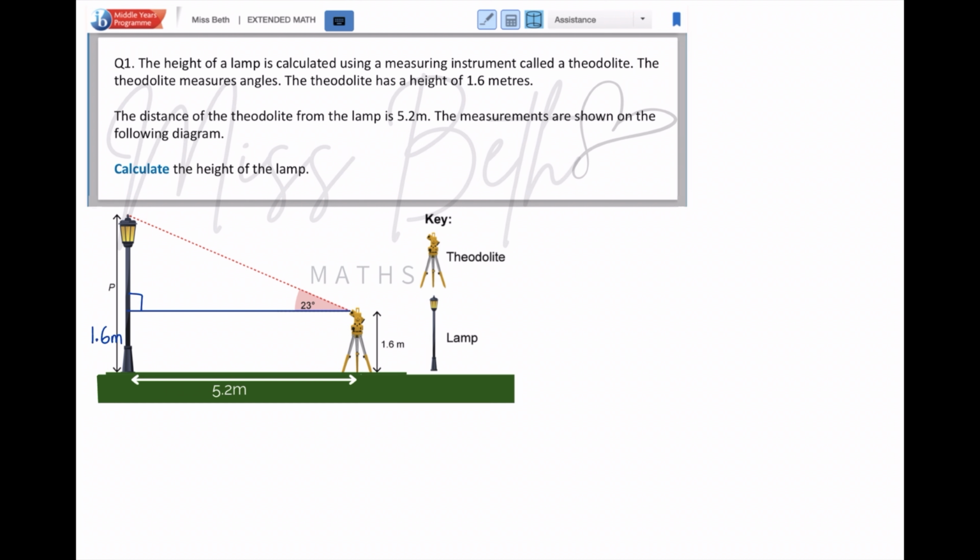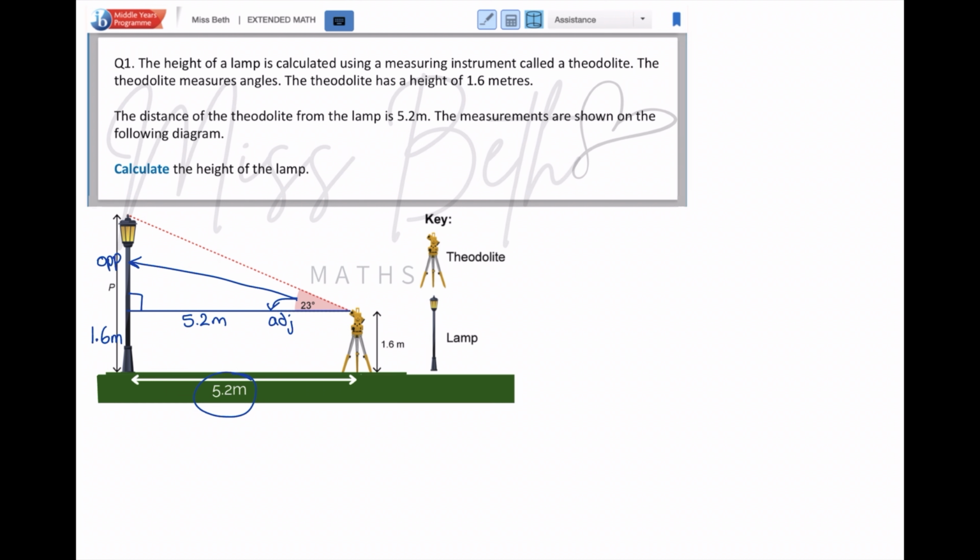I need to find what sides I have already, so let's label our sides. We need to know this part of the lamp, that's going to be our opposite. And we already have our adjacent, which is this 5.2 meters that you can see at the bottom here.